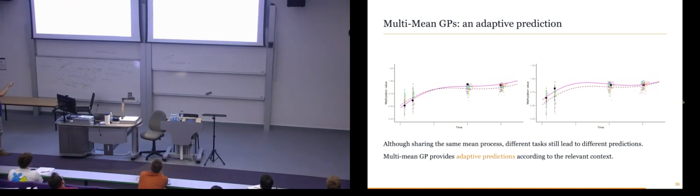But so you have 3 points that you have observed. You're trying to predict the red dot here. And you can see that for two different individuals, this is an individual on the left, this is another individual on the right, you are still able to adapt both to the gene that you're looking at and the individual in particular. Okay? So you have an adaptive prediction depending on the context that is really useful.